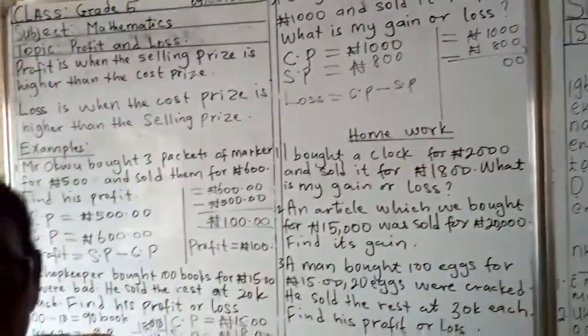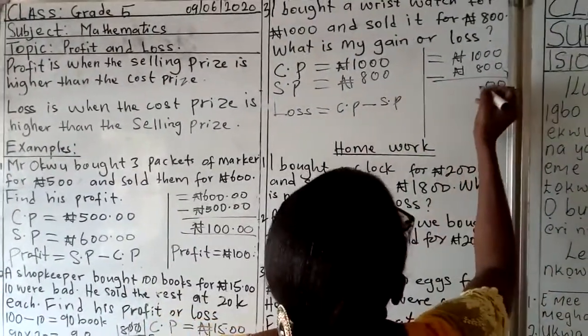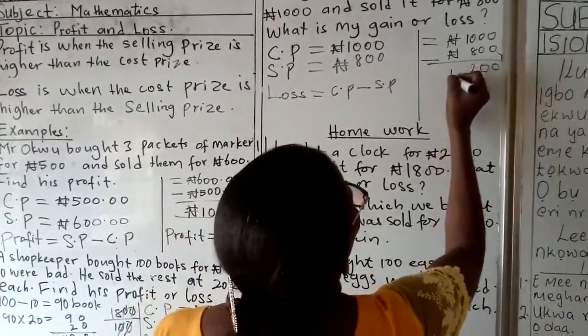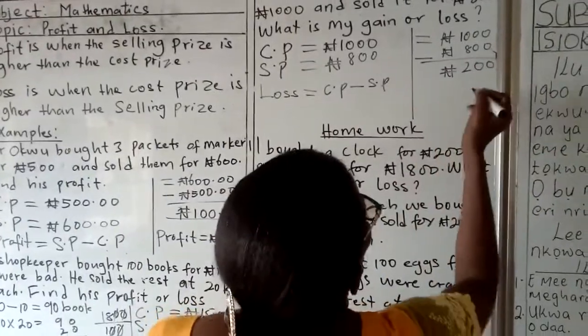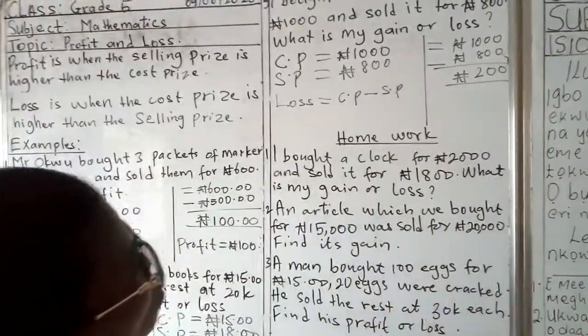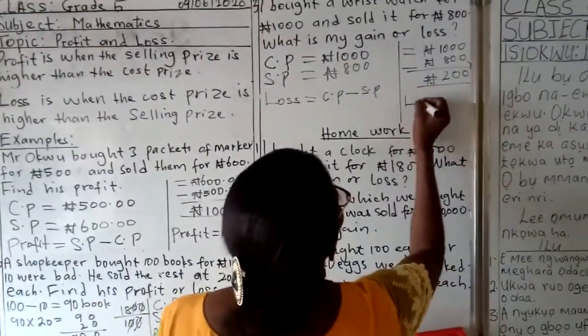You carry that one and join to it, it becomes 10. So 10 minus 8 will give us what? 2. Which is 200 naira. So you can see from this that we made a loss. I made a loss of 200 naira.